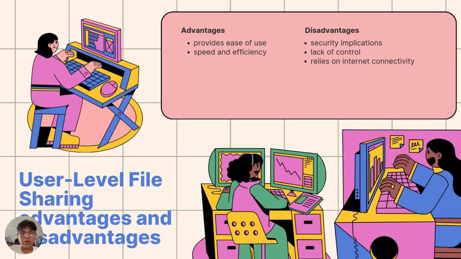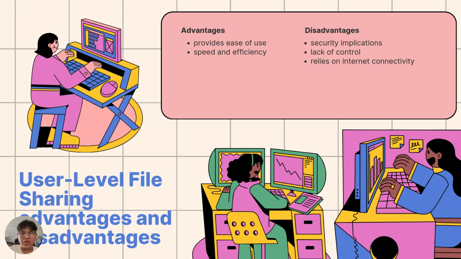Then is the user level file sharing advantages and disadvantages. For the advantages, they have ease of use and speed and efficiency. Ease of use: simple to use, often involving just generating and sharing a link. Speed and efficiency: sending files happens in real time.